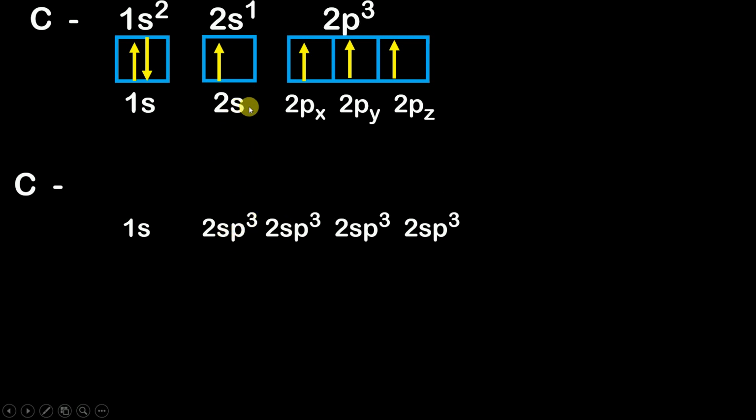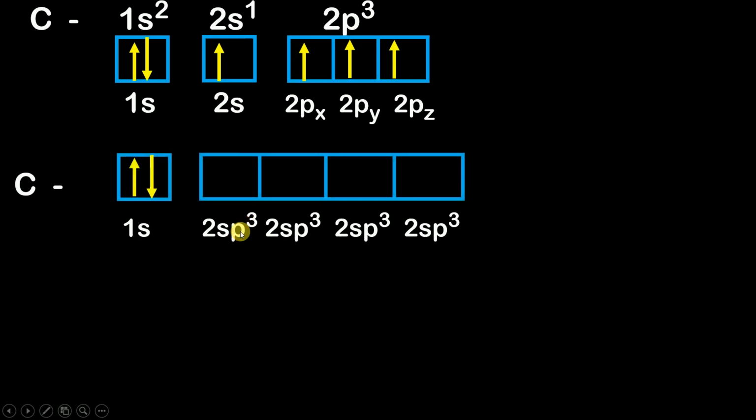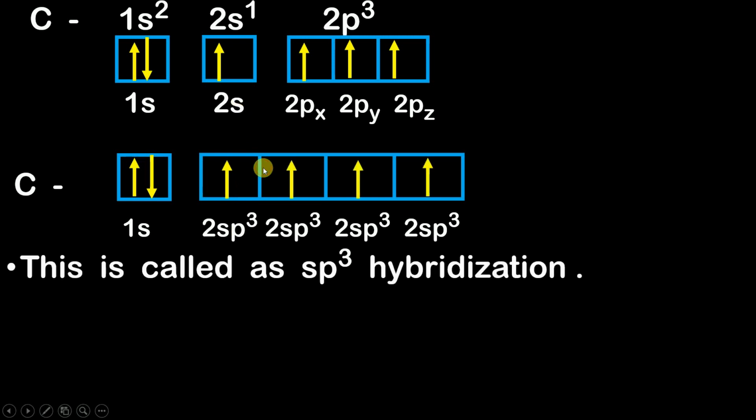Because 1 orbital from the s subshell is combining with 3 orbitals from the p subshell. Therefore in sp3, the 3 indicates 3 orbitals from the p subshell, and this is how they are going to look. There are 4 electrons as it is. Clear? And this type is called sp3 hybridization. Now I think the process has become easier for you all.